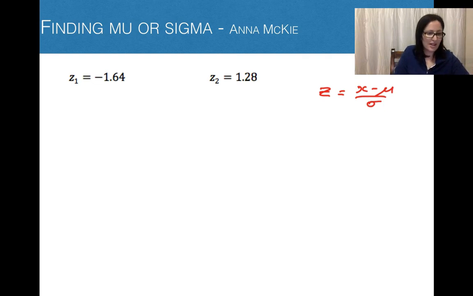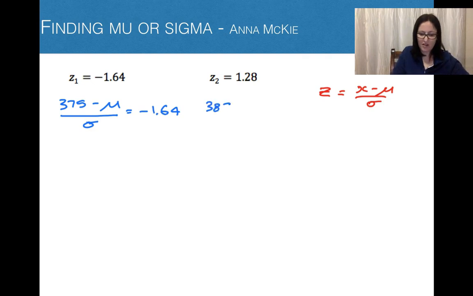So plugging that in here, our x is 375 for this one. Subtract the mean, which we don't know, over sigma, which we don't know, is equal to the z-score of negative 1.64. And the second formula, 385, take away the mean, over sigma will be equal to that z-score of 1.28.